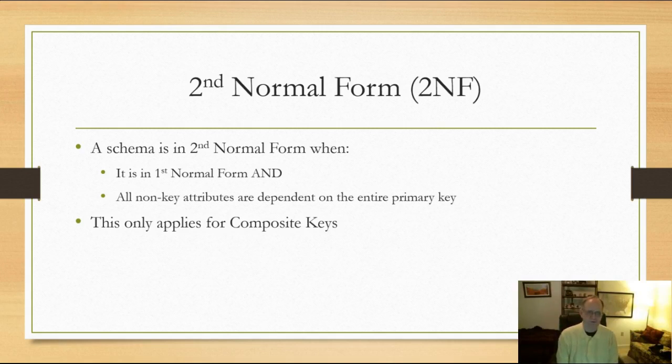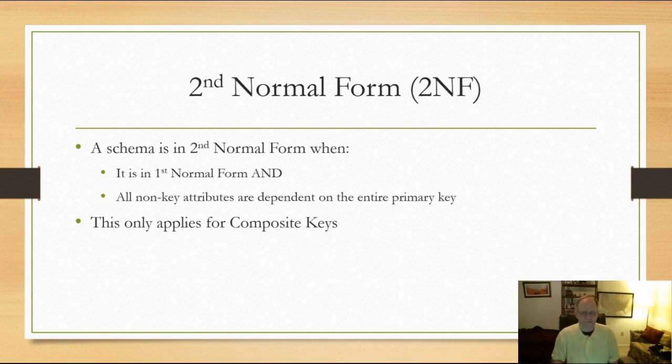Second normal form says that all non-key attributes need the entire primary key for it to have meaning. If it uses only a portion of the primary key, it then violates second normal form.